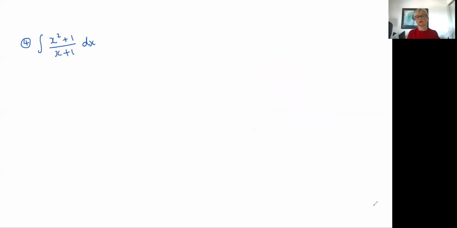Again, we're going to want to do a division here, a polynomial division. In this case, the order of the numerator is greater than the order of the denominator. That's fine. We can certainly do a division here. So x squared plus 1 divided by x plus 1. Again, we want to do leading term divided by leading term.